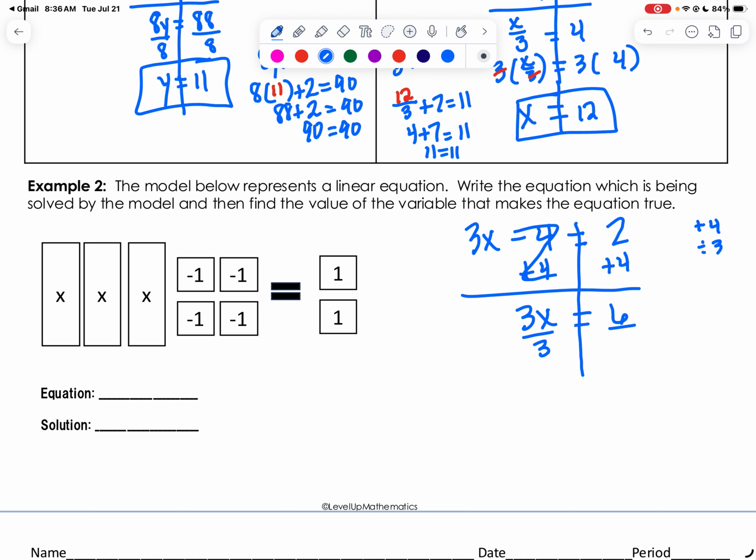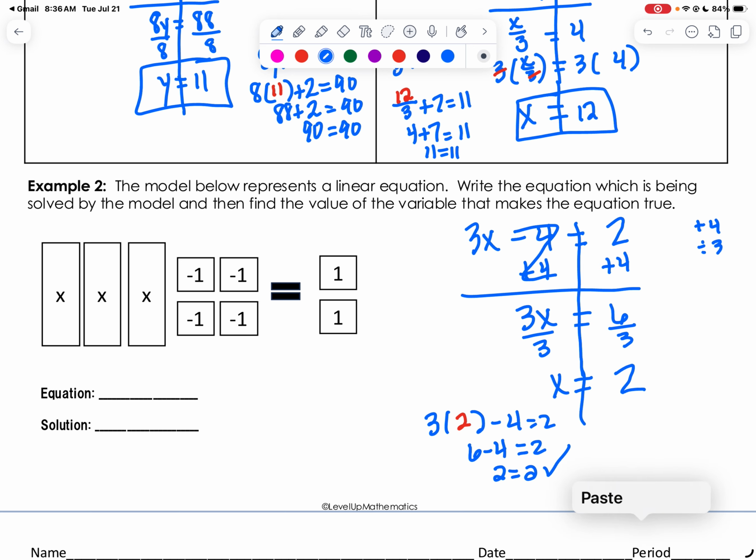And if I divide by 3, I get 1x is equal to 2. Now I'm going to check that, and I'm going to plug in a 2. So 3 times 2 is 6 minus 4, which is 2. So my solution checked out.